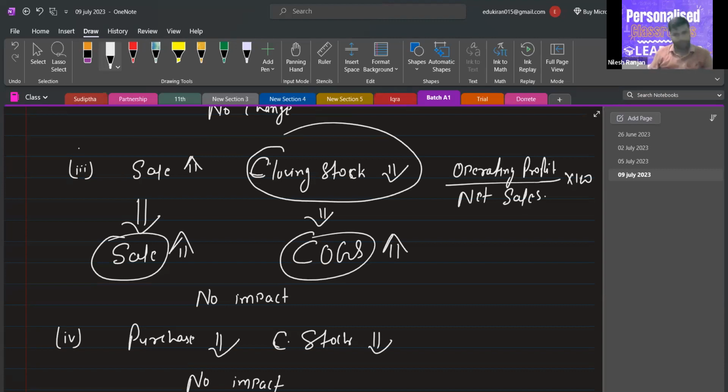Okay. Yes, sir. So if net sale is decreasing by, let's say, 50,000 and operating profit is also decreasing by the same amount, no, actually not. Net sale is increasing, and operating profit is increasing or not? Can you tell me?